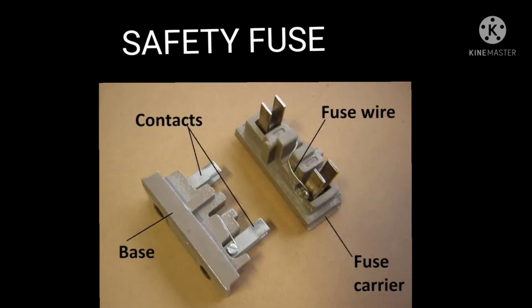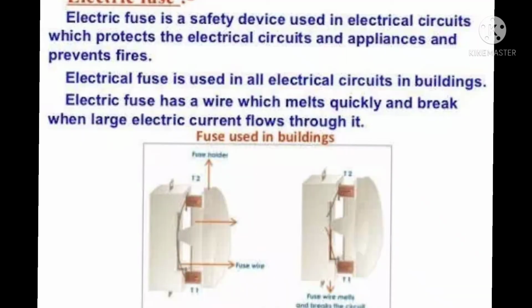Safety fuse works on the principle of heating effect of electric current. Electric fuse is a safety device used in electrical circuits which protects the circuits and appliances and prevents fires. It is used in all electrical circuits in buildings. An electric fuse has a wire which melts quickly and breaks when a large electric current flows through it.